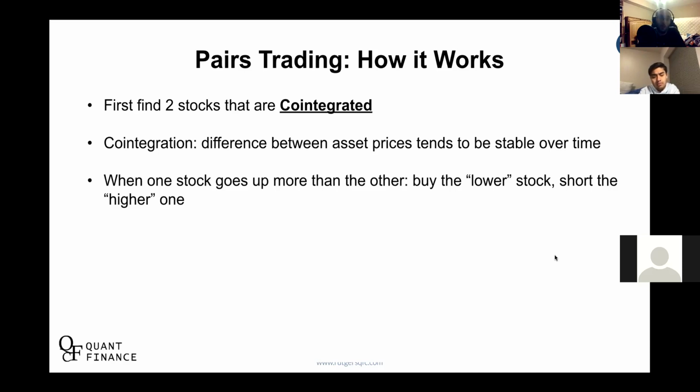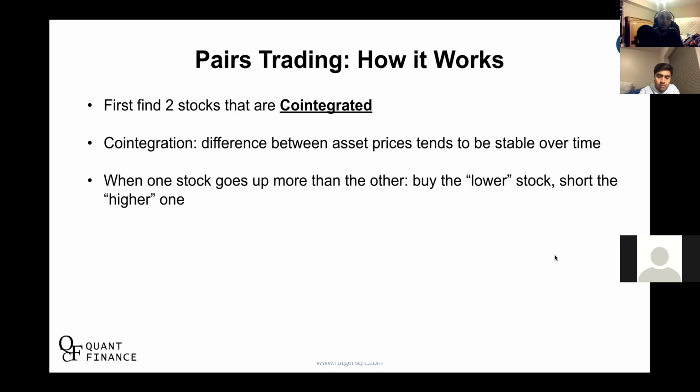So the last line on this slide talks about the fundamental gist of a pairs trading algorithm. When you observe some kind of divergence in these co-integrated securities, you're going to buy the quote-unquote lower stock and short the quote-unquote higher one.